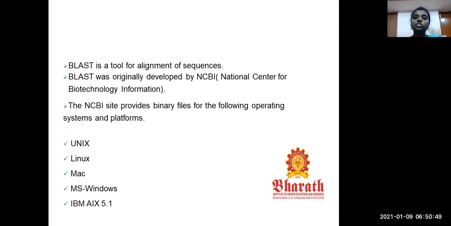BLAST was originally developed by NCBI, the National Center for Biotechnology Information. They created this software so that all sequences of protein and DNA can be compared here, and all the data are stored.